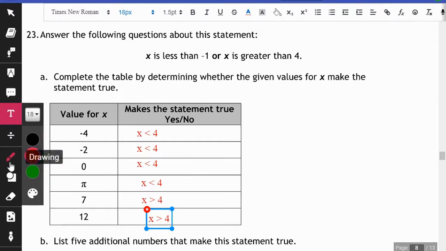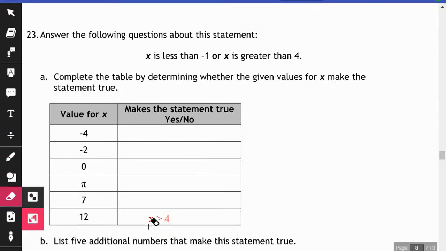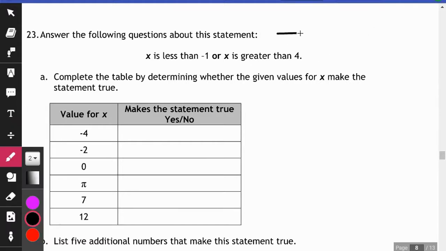Oh, darn it. I get it. I've messed up. I misread this whole thing. Let me erase this. Okay, so let's graph this really quickly so we understand what we're looking at here. Here's 4. Here's -1, right?